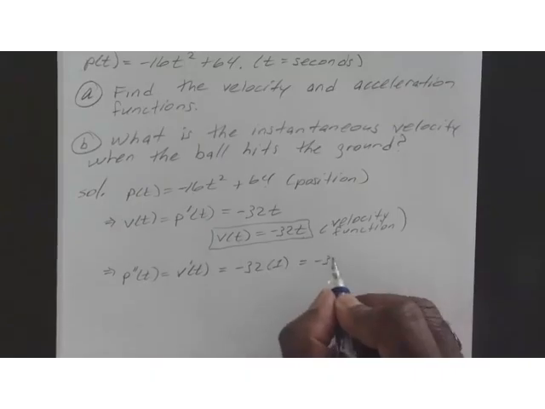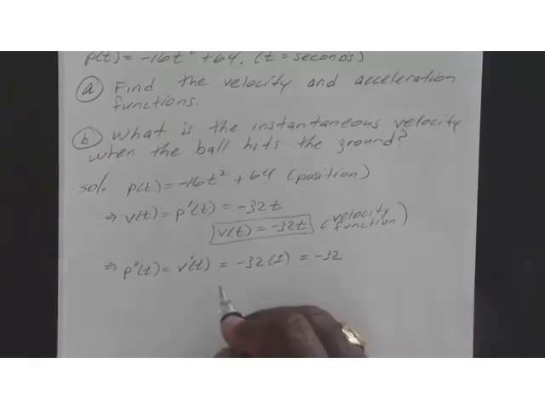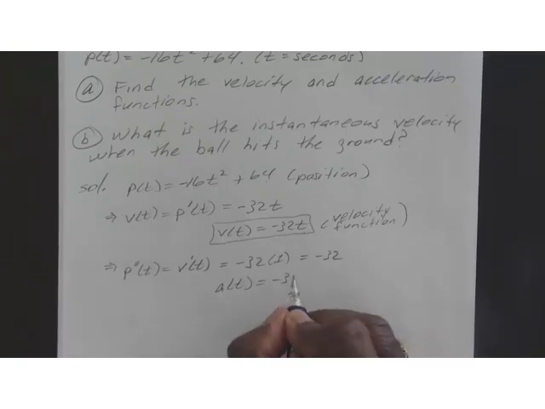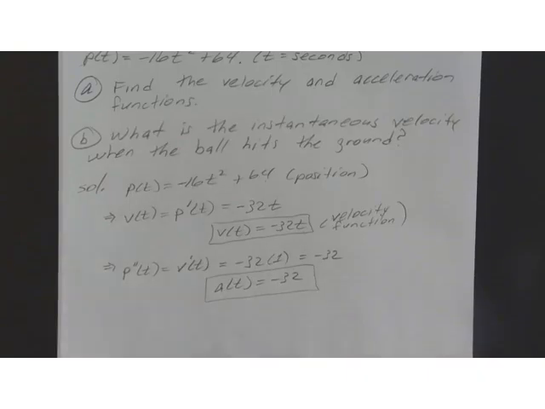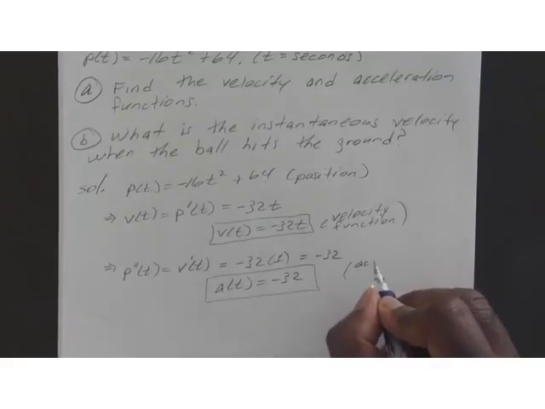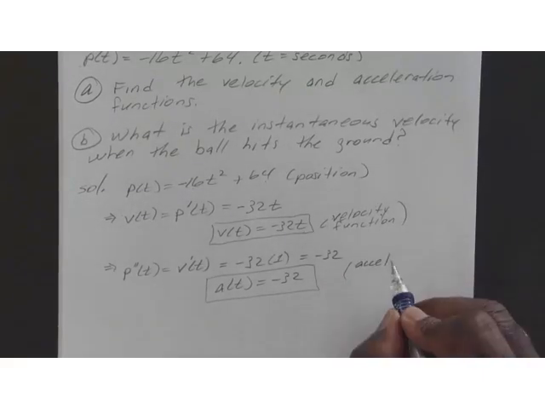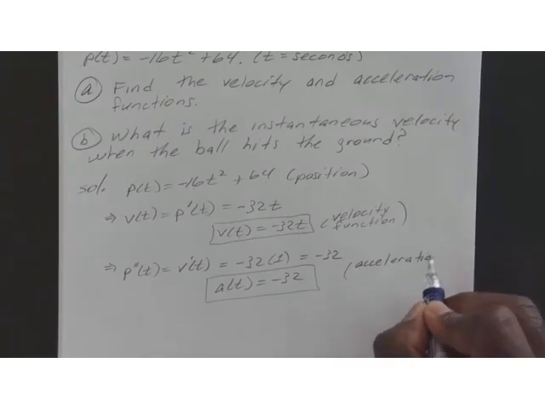That's just negative 32. So your acceleration function is just negative 32. Like I said, it's pretty common for the acceleration function to just be a constant. Not all the time, but very common.